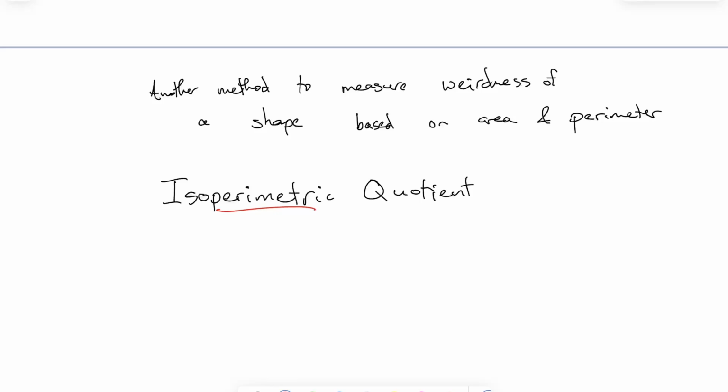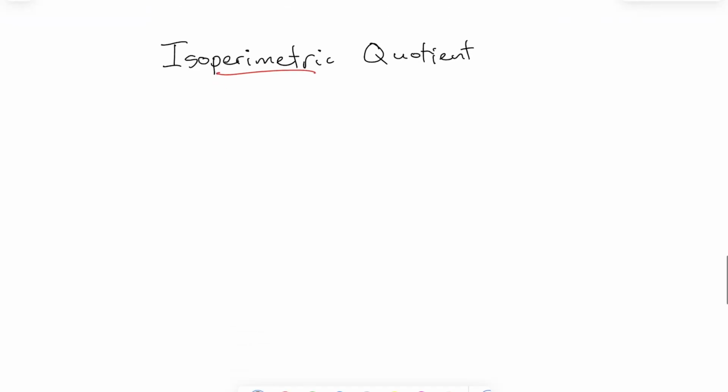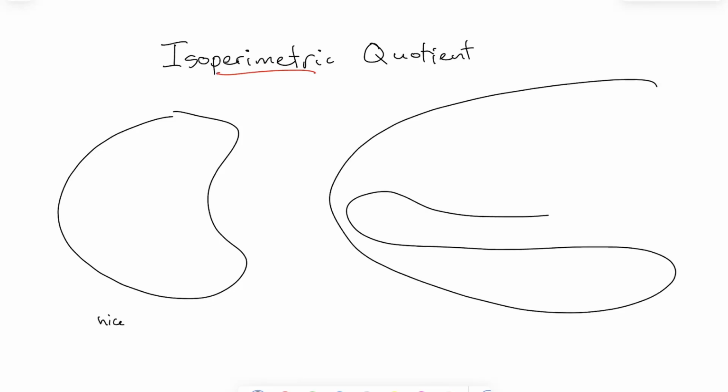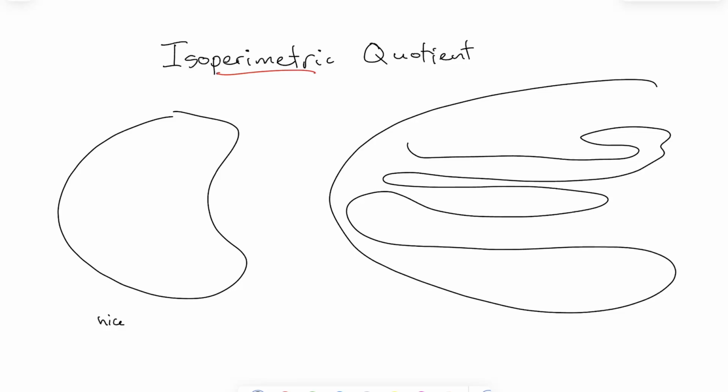So what's the basic idea behind this? I will again draw my usual example: this is a nice shape, and a weird shape looks something like this. I made it extra weird. I tried to draw these two shapes so that they have similar areas.